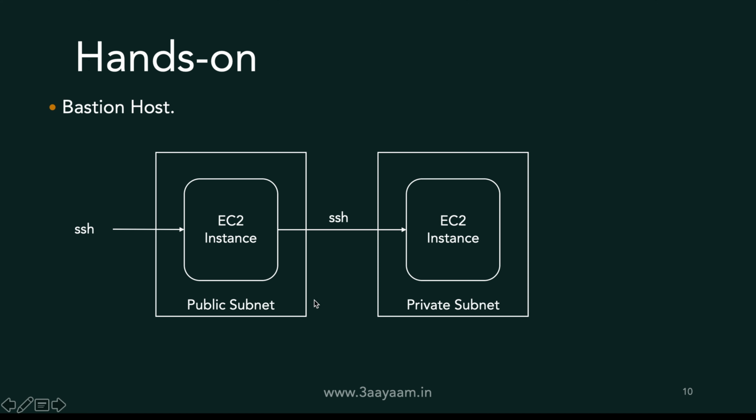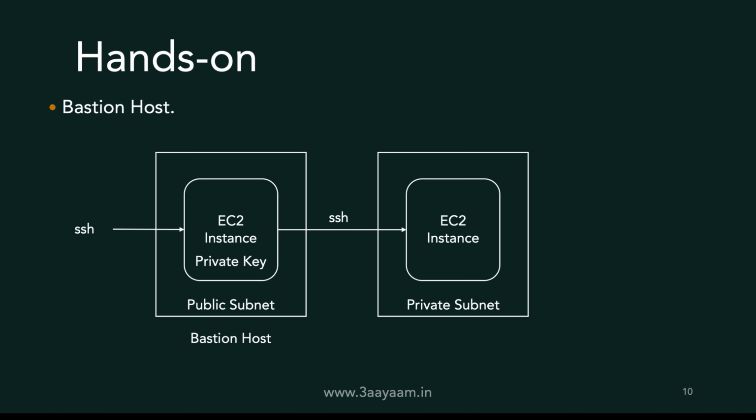One more very important thing to remember is that to SSH into the EC2 instance in a private subnet, we need the private key in the EC2 instance of the public subnet. So without the private key, we cannot SSH into this particular EC2 instance. And this is the same private key that we download while creating the key pair.